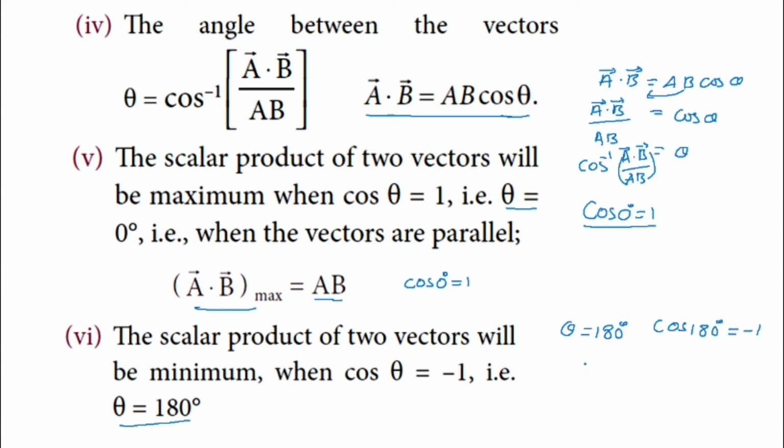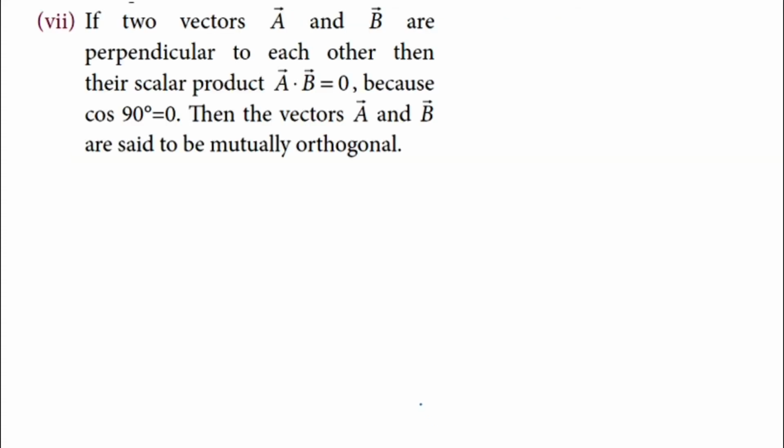So A vector dot B vector is equal to minus of A and B, the product of A and B magnitude only, and this value is negative. That is A dot B minimum is equal to minus of A and B.